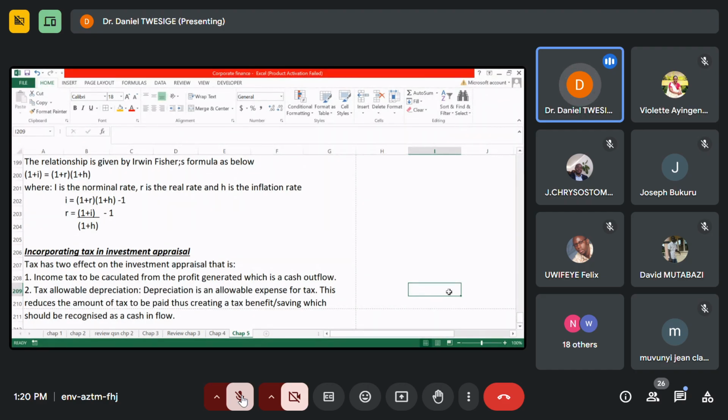Because you are allowing it for tax, you reduce the amount of tax that you are going to pay. And therefore, you are going to create a tax benefit on that asset. So that tax benefit, you should recognize it in your computation as a tax saving, which is an inflow.